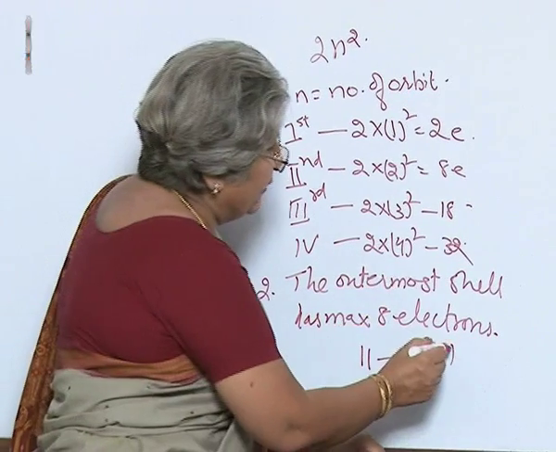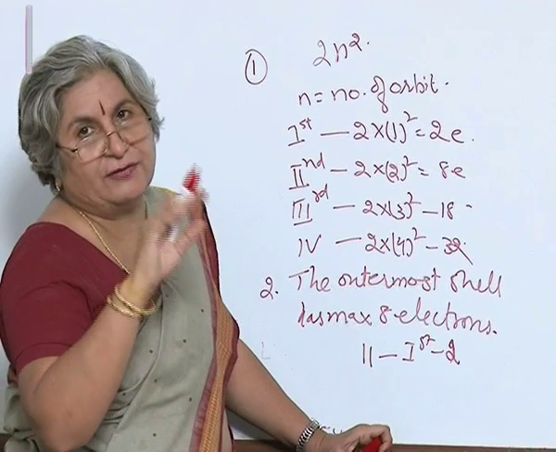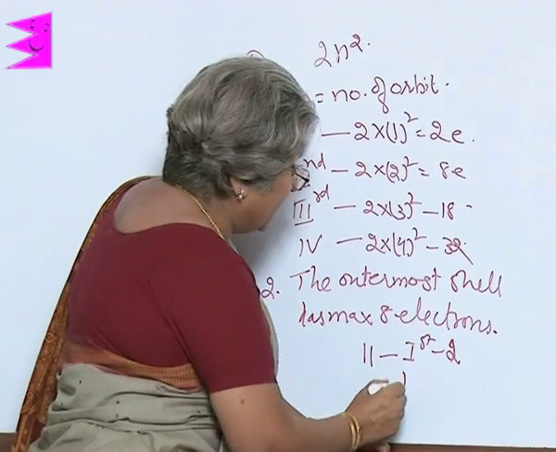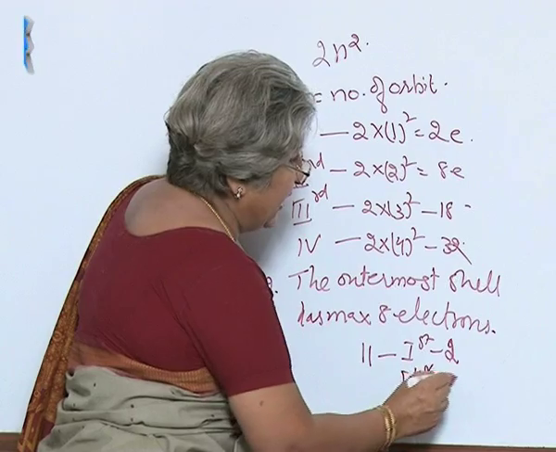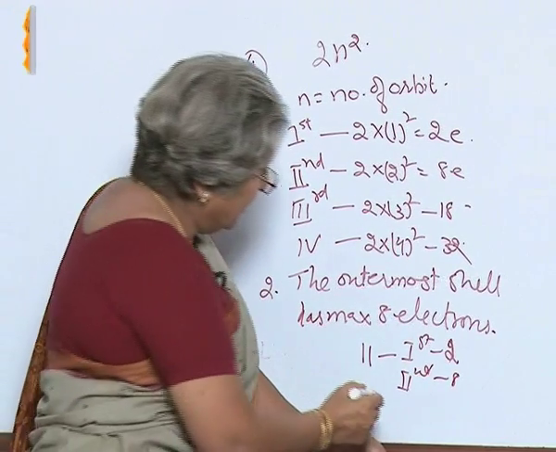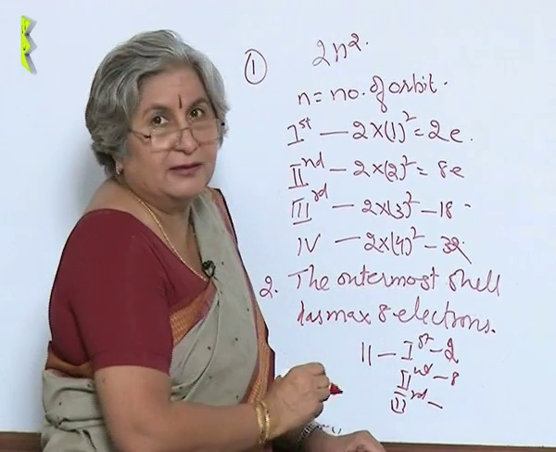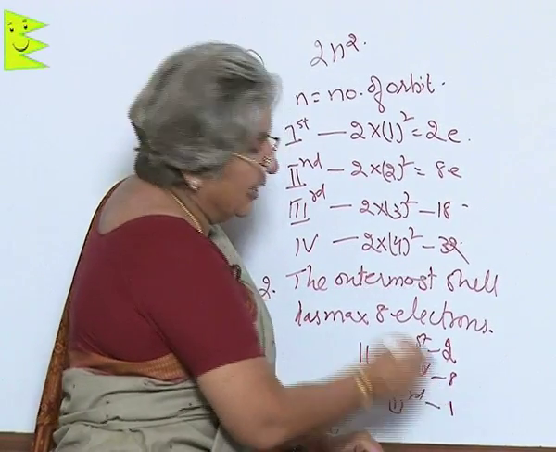No, first it will fill the entire first shell, and that means 2 electrons will go there. The second will have 8, because that is the maximum the second shell can have. Then whatever is left can be in the third. So, it can be only 1.